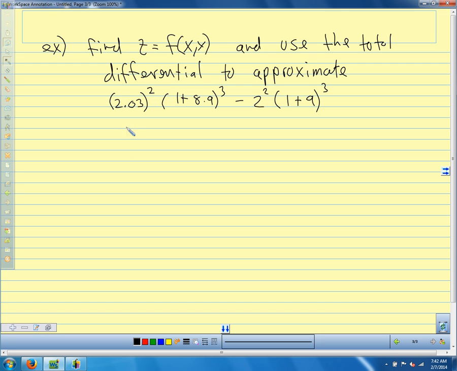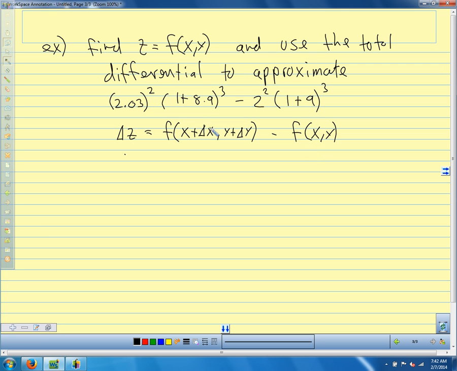We know that the increment delta z, if we're thinking of this as a function, delta z is f of x plus delta x, y plus delta y, minus f of x y. So we're trying to picture this as being some kind of function in this form.